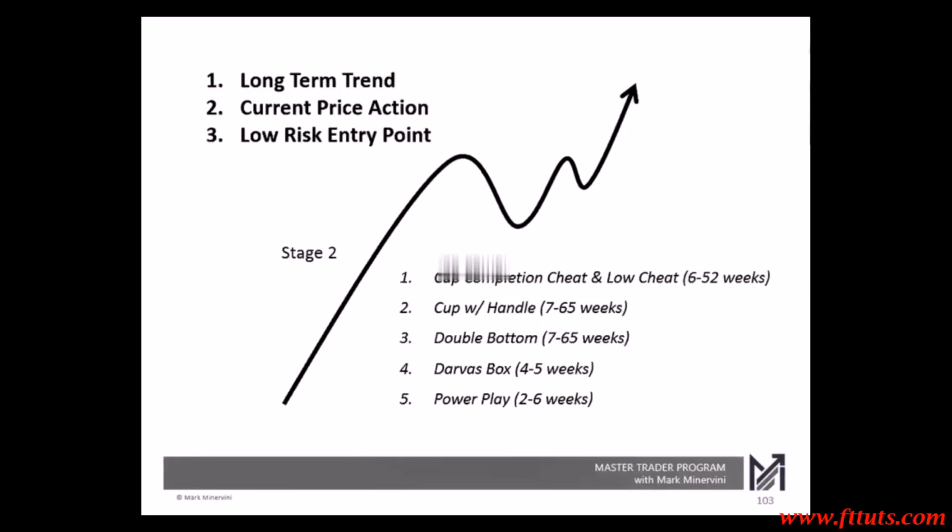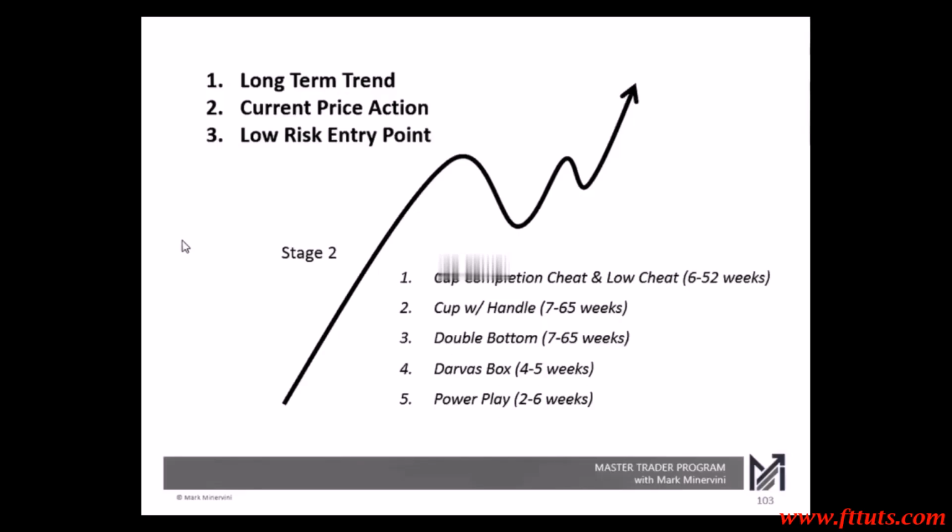What's important is that you remember, like I said before, everything builds on each other. So nothing that we say now erases or negates anything that we said previously. So we want to be in that stage 2 uptrend, right? And then we're looking for this consolidation to take place, where the stock takes some time to consolidate those gains and then continue. As it starts to move back up out of that consolidation, we're then looking to get on board.